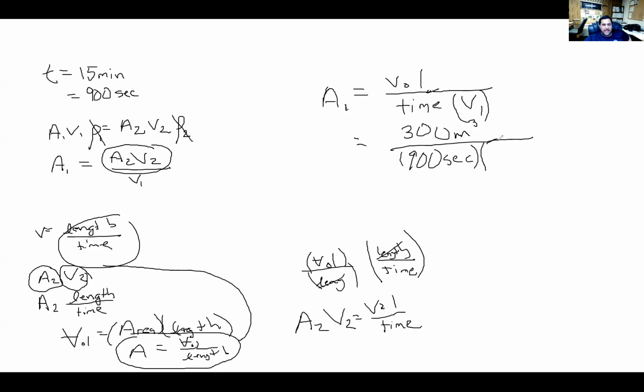And the velocity they gave us as 3 meters per second. So the cross-sectional area of the vent is 0.11 meters squared.